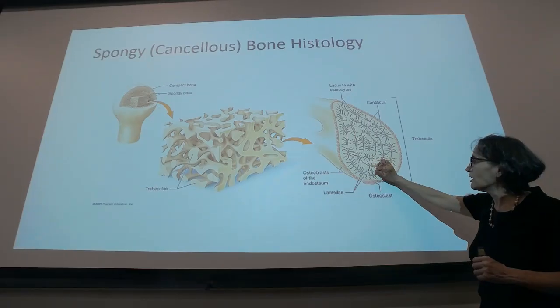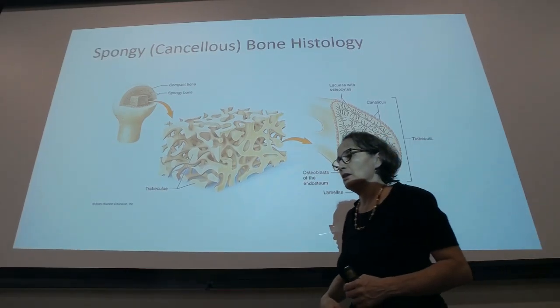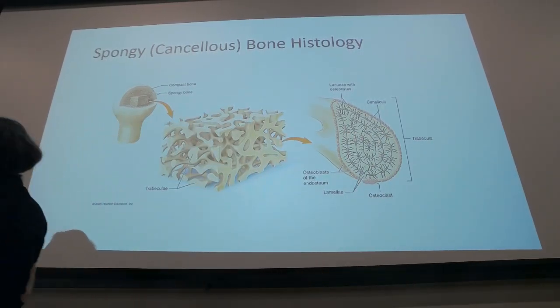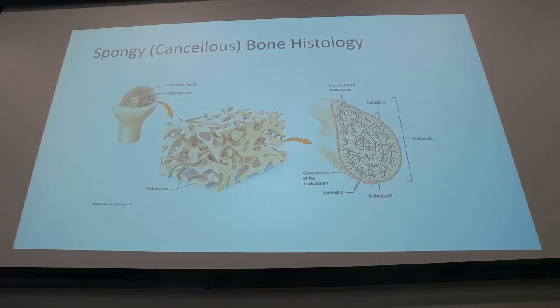So they contact each other, they share the nutrients, and they have gap junctions, like little windows through which they can share calcium, magnesium, any ions. And then they send signals among each other. But spongy bone is specialized to make blood cells, while compact bone is for protection and to provide a structure.